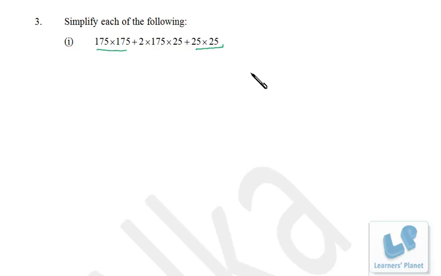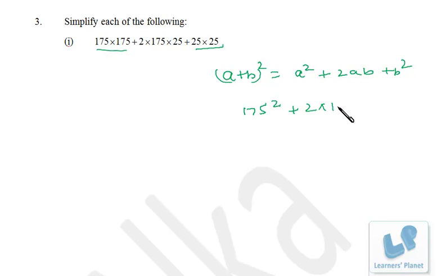Now try to recall the algebraic identity (a plus b) whole square. That is a square plus 2ab plus b square, right? If I put a as 175 and b as 25, what will happen? It's 175 square plus 2 into 175 into 25 plus 25 square, right?